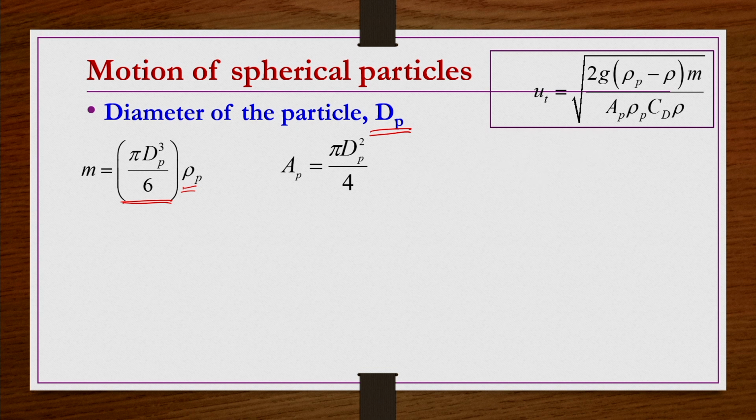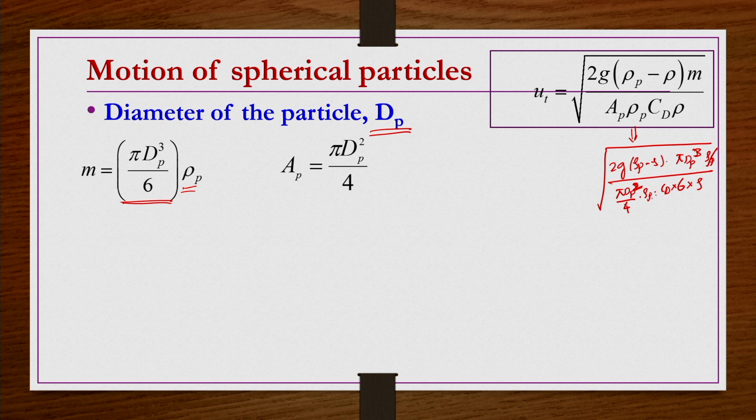So here we substitute the square root of 2g (rho p minus rho) times pi dp cube rho p divided by 6, and then AP is pi dp square by 4, then rho p is as it is, CD is as it is, 6 is already there, and rho is as it is.